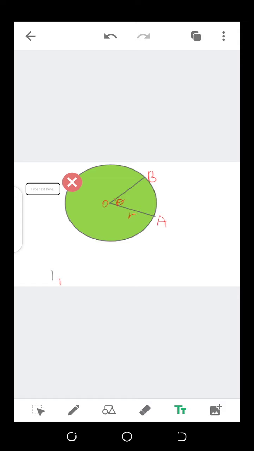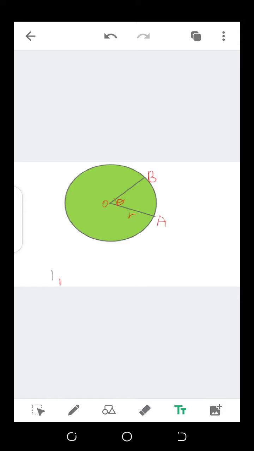In the process, it will be tracing a round path. The center is O, the radius is A. Let's assume that the body has moved from point A to B as shown, and the angle that is covered is theta.